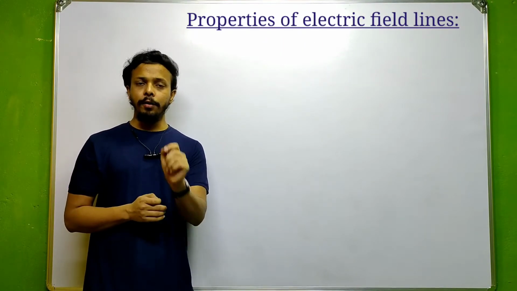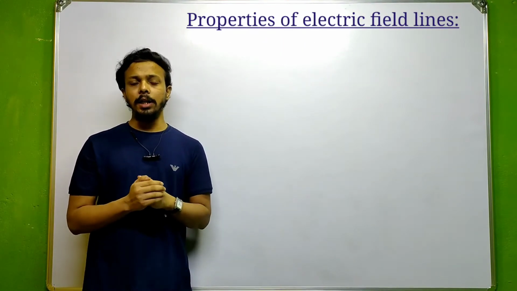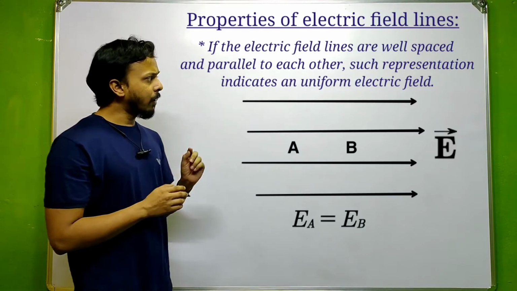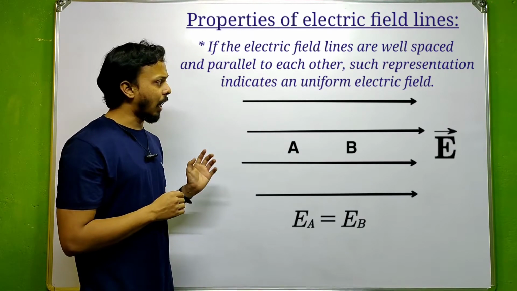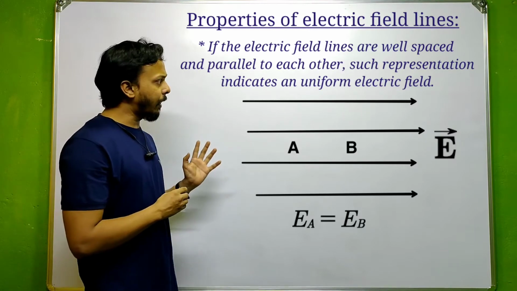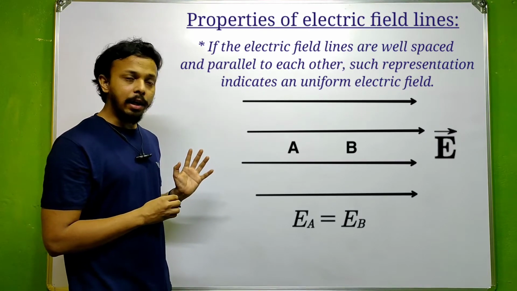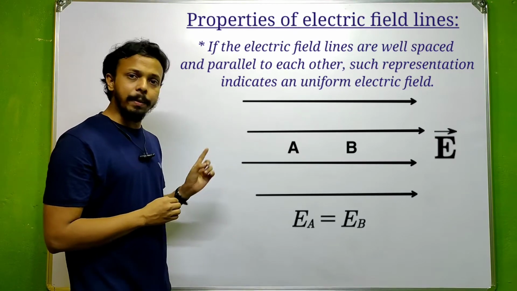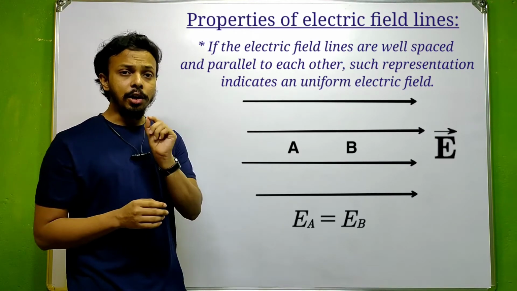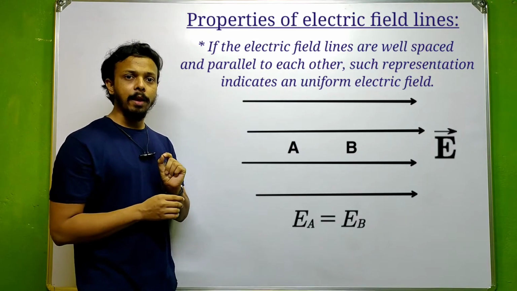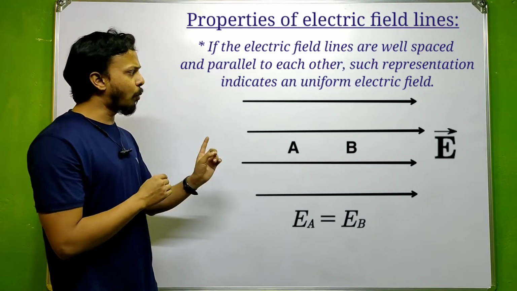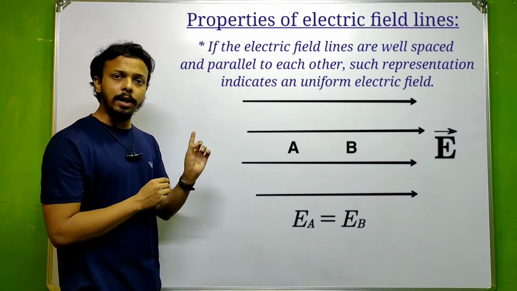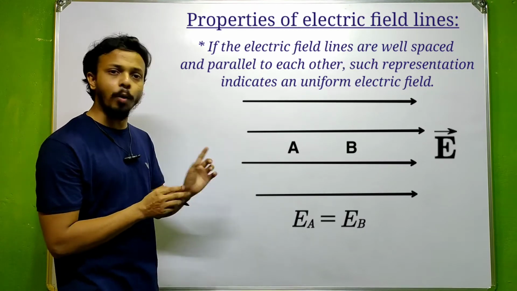And if you talk about the last property, it is like this. If the electric field lines are well separated and parallel to each other, then such a representation is called a uniform electric field. Here, if you see these two points A and B, the electric field strength at these two points is the same.